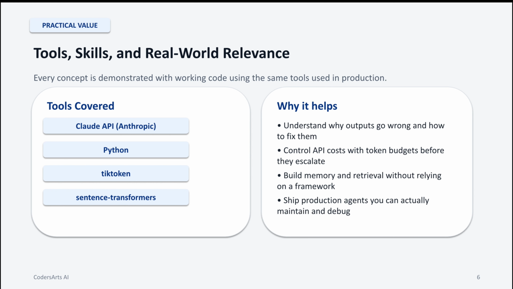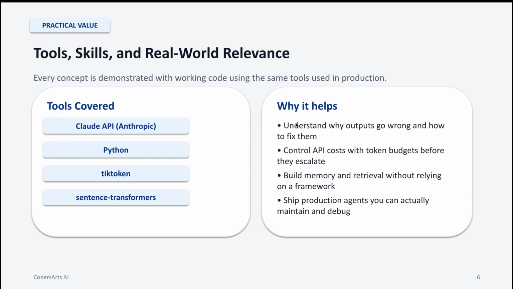So let's talk about the practical value: tools, skills, and real-world relevance. Throughout this course, you will work with the same tools used by real AI engineers in production. These include the Claude API from Anthropic, Python's token management tools like tiktoken, and embedding libraries such as sentence-transformers.